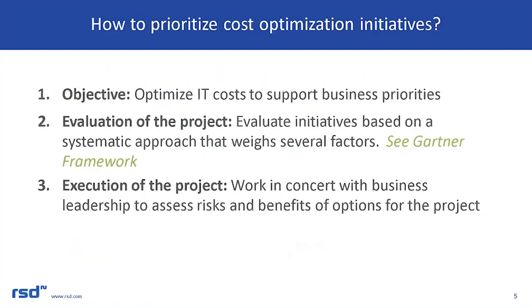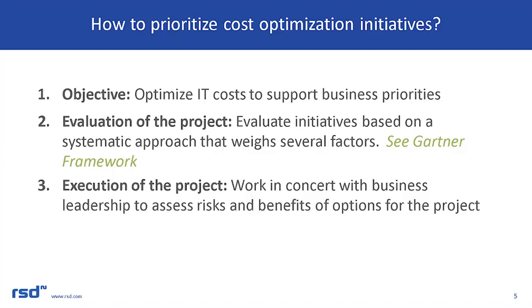We're talking about optimization, but how do we prioritize and quantify our consolidation project in a way that provides meaningful and substantive results? Our objective is to optimize costs to support our business priorities. We worked with Gartner to evaluate cost optimization exercises and work through a systematic process to collectively and critically evaluate them.